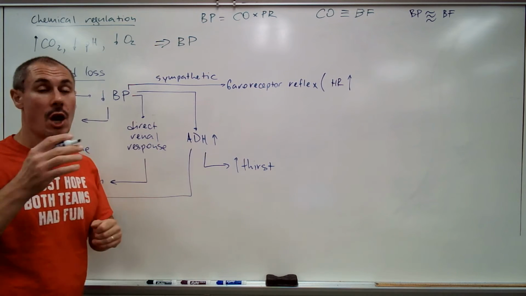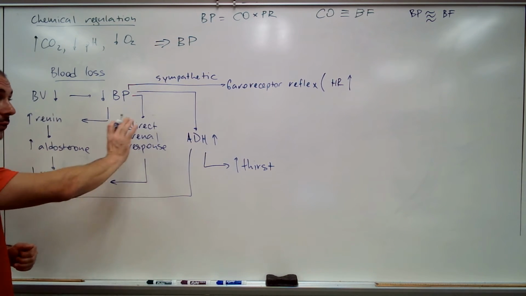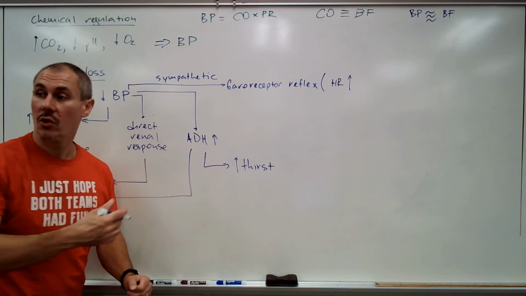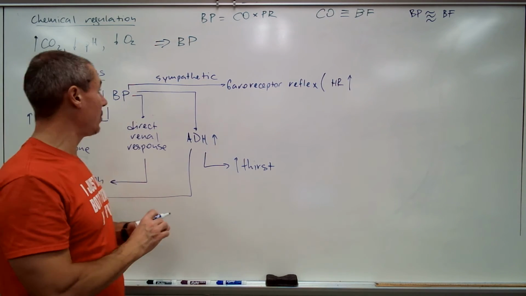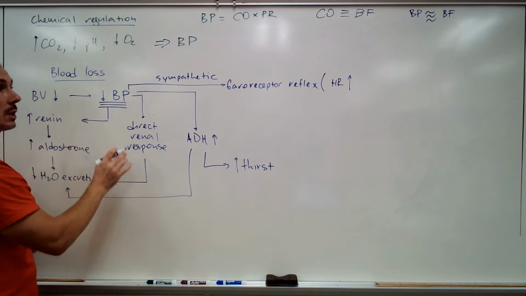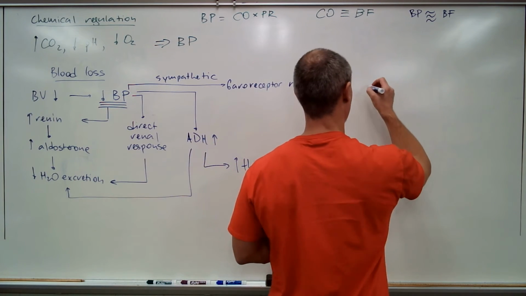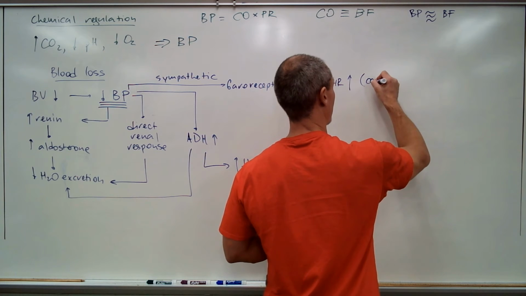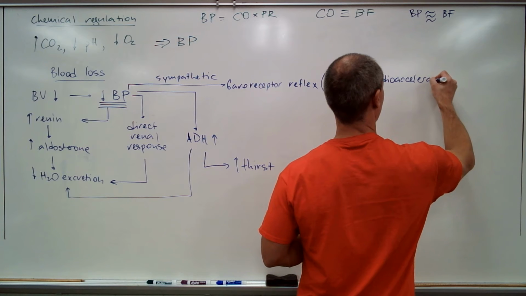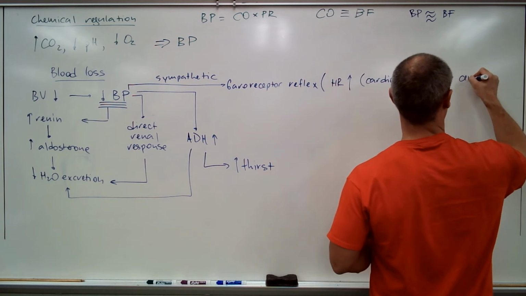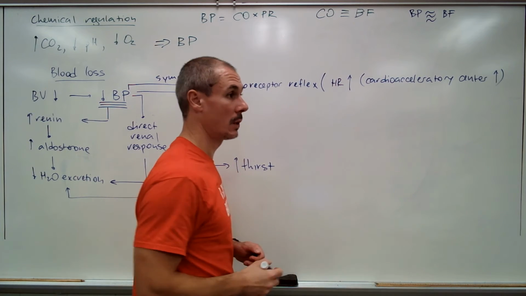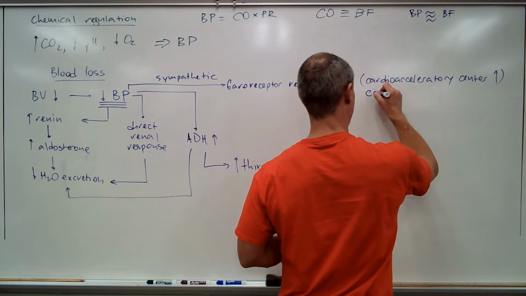So look, all these responses here, decreased water excretion, thirst, they all are aimed at the correction of this. See that? So heart rate goes up, the cardioacceleratory center is stimulated, okay? And by the way, the cardioinhibitory center is inhibited.